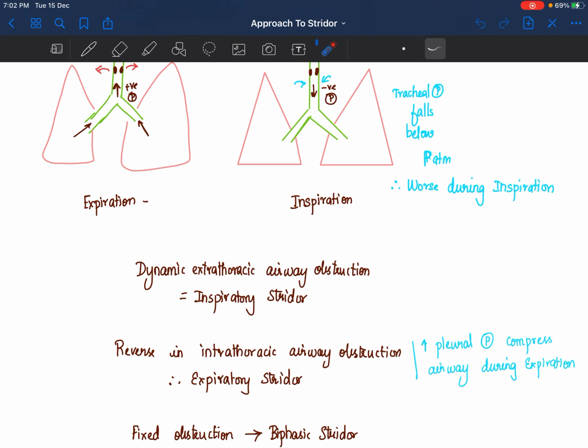See, the trachea is going to be surrounded by your pleura. So pleural pressure increases during expiration, correct? So this increased pleural pressure will compress upon the airway during expiration. Hence, your intrathoracic airway obstruction, which is dynamic, will present as an expiratory stridor rather than an inspiratory stridor.